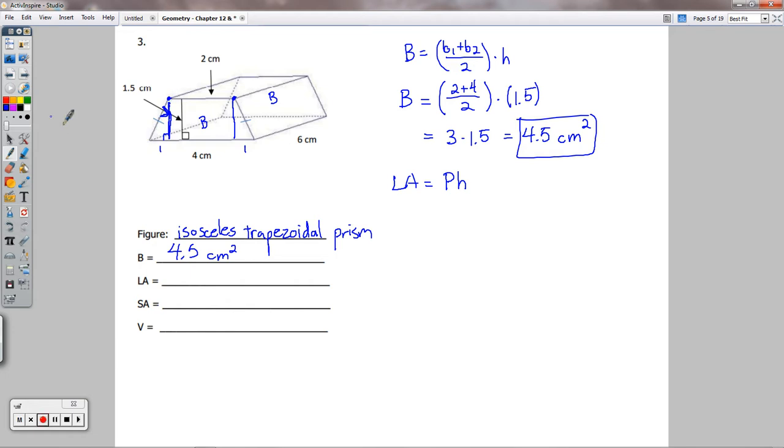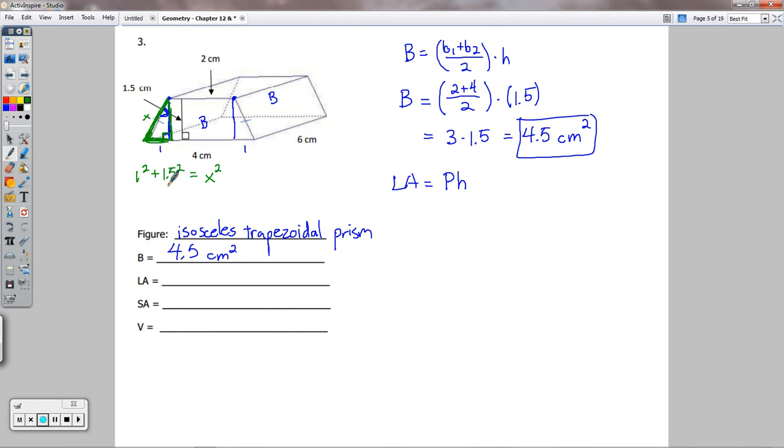So to figure that out, since this is 1.5 and this is 1, if I look at this green triangle right here, I notice I can use the Pythagorean theorem on that. And for that, 1 squared plus 1.5 squared equals, and why don't I just call this x, so equals x squared.